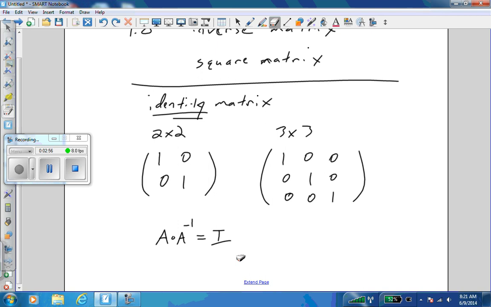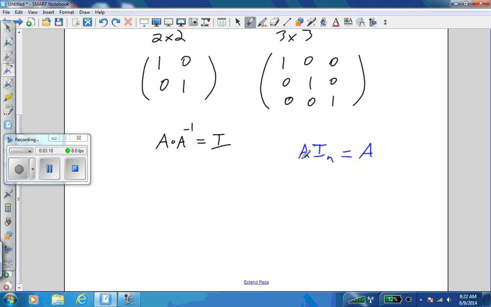So we discussed the other day that not many matrices are commutable, but it does turn out that if we take a matrix times the identity that's the same size, then when we multiply a matrix by that, we get itself out.